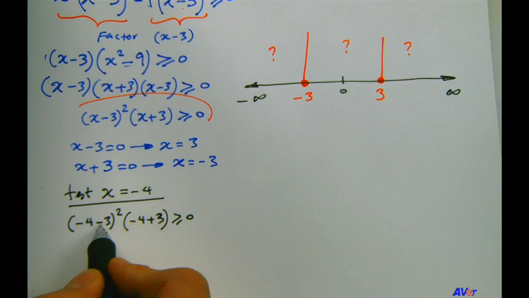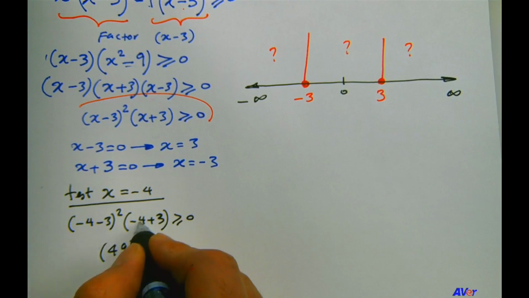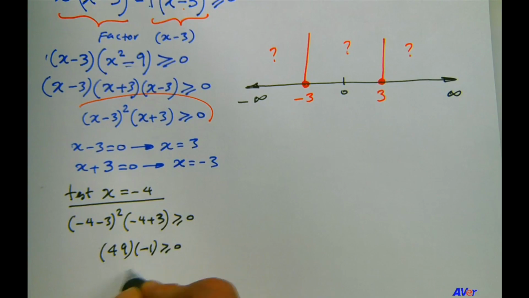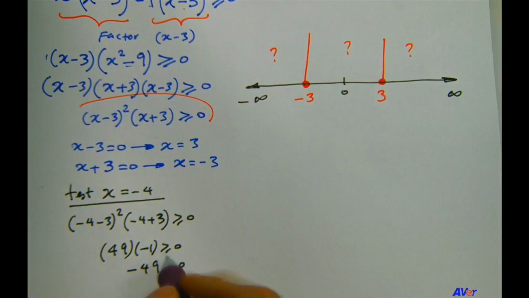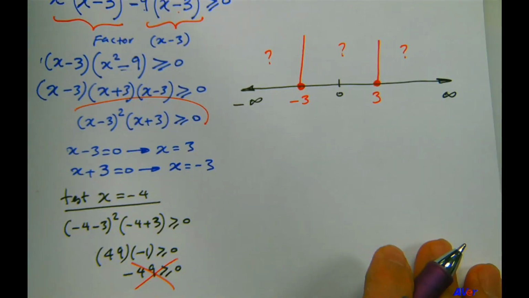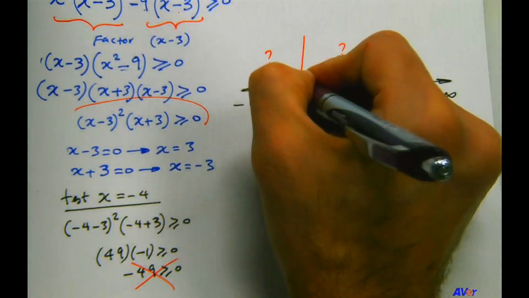Negative 4 minus 3 is minus 7. Minus 7 squared is 49. Minus 4 plus 3 is minus 1. So we get minus 49 greater than or equal to 0. Is this a valid result? No. Minus 49 is less than 0, not greater than or equal to. Right? So no, that region cannot be the solution.